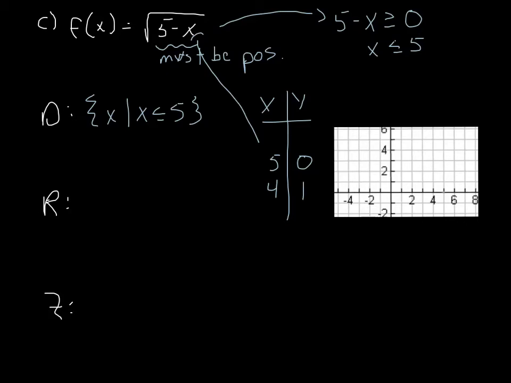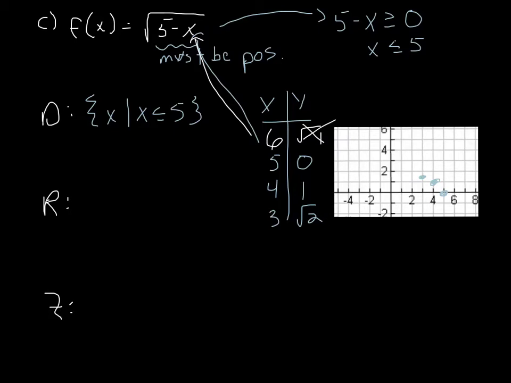So we can plot this. 5, 0; 4, 1. Plug in 3. You get the square root of 2, which is about 1.4-ish. But if you plug in 6, what are you going to get? You're going to get the square root of negative 1. Error. That's not real. You can't graph it.